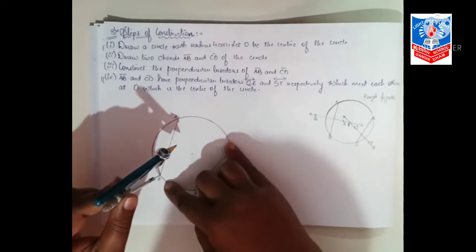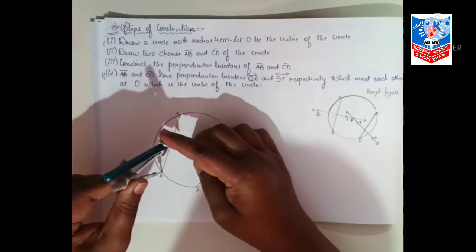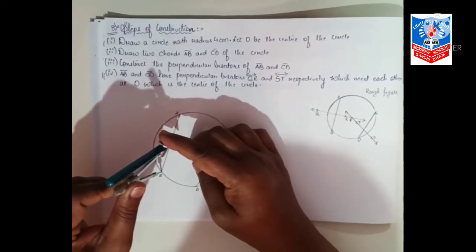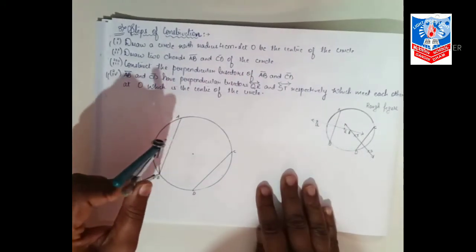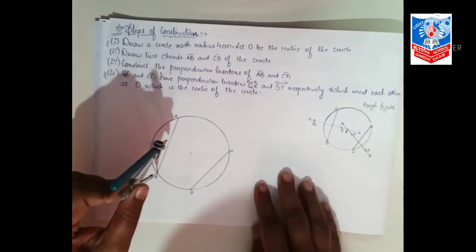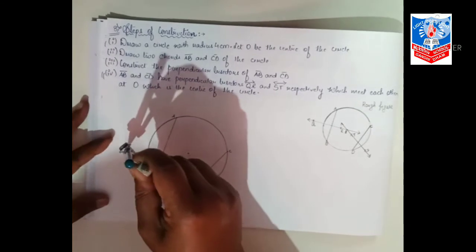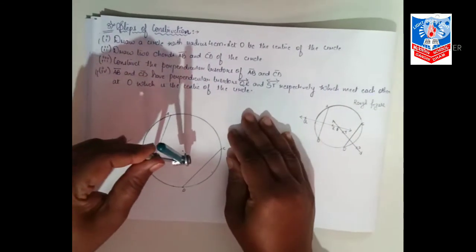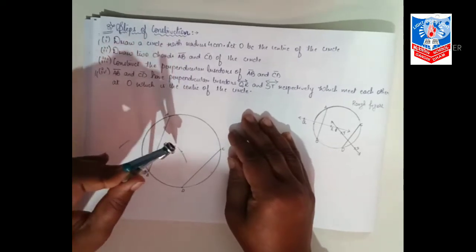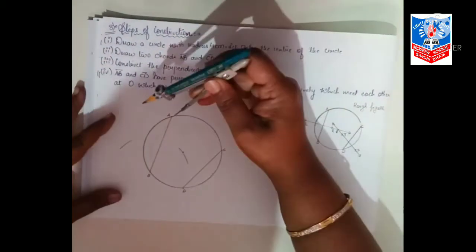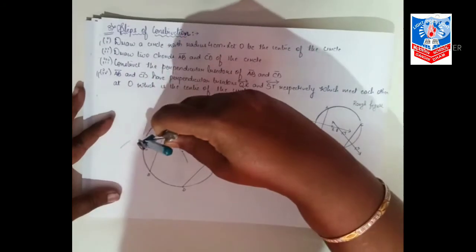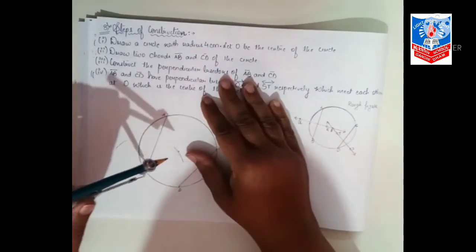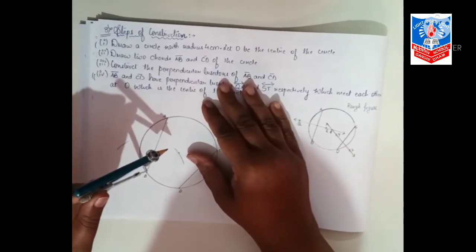See, with point B and radius more than half of AB, you will draw two arcs on either side. See here and here.